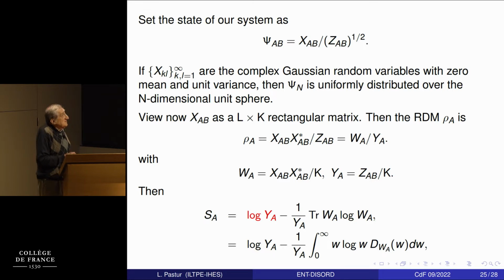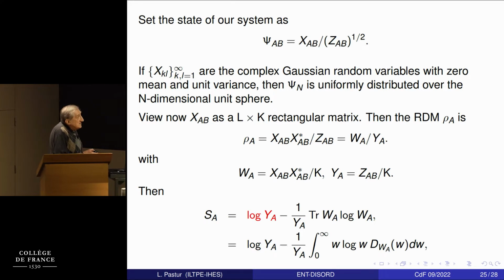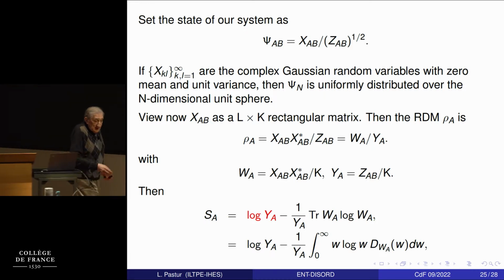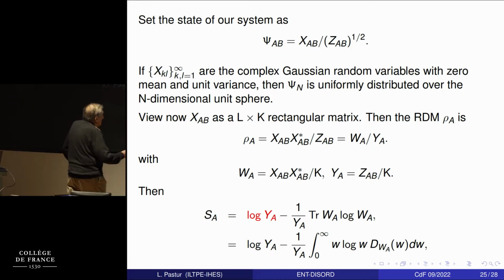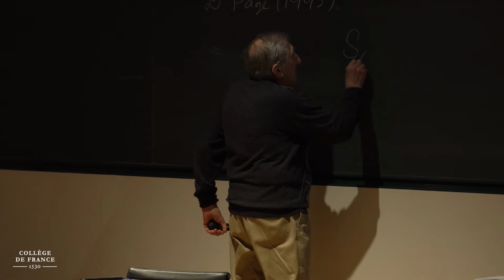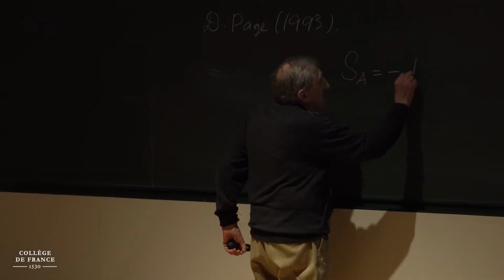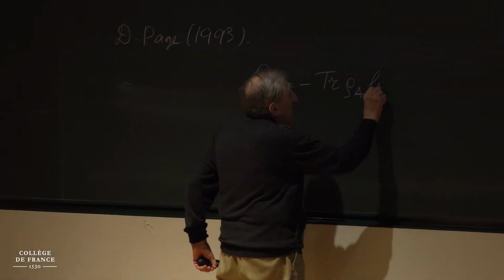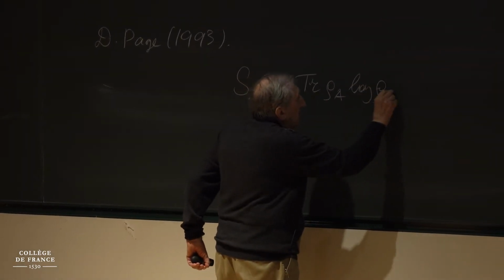And it's easy to find, just plug this form into the definition of the entropy. So S_A is just minus trace rho_A log rho_A.